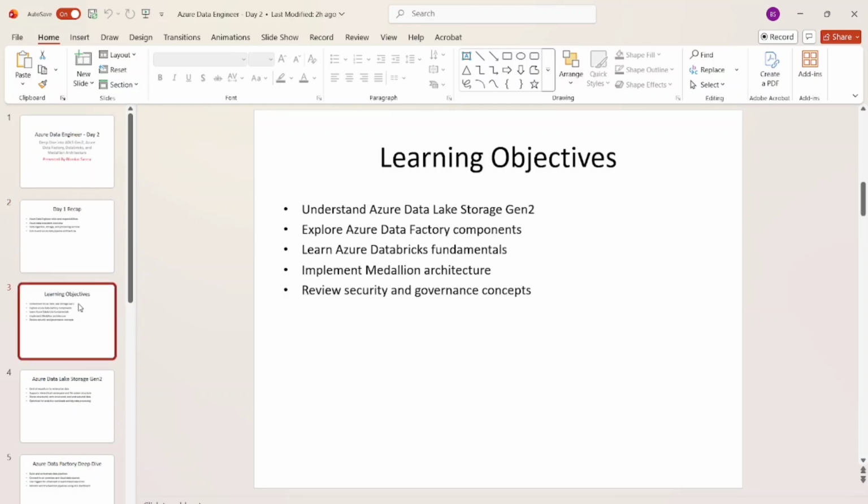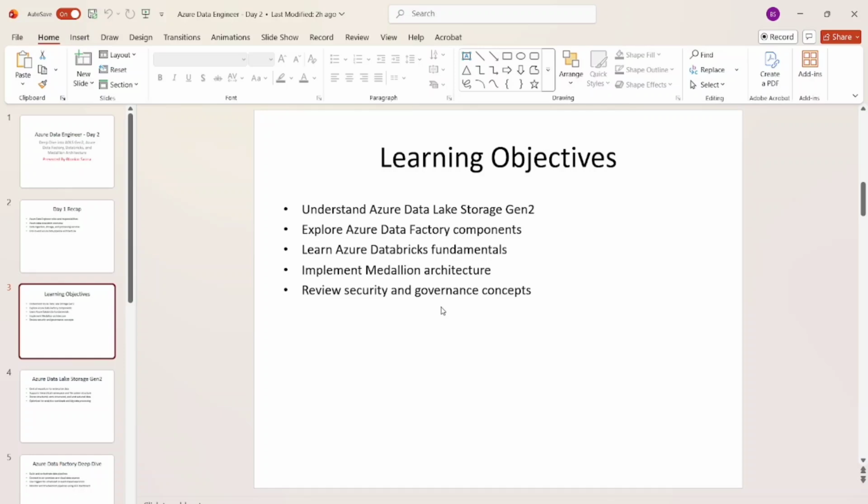Learning objectives. Understand Azure Data Lake Storage Gen2, explore Azure Data Factory components, learn Azure Databricks fundamentals, implement Medallion architecture, review security and governance concepts. Today's session focuses on four key areas. First, we will understand Azure Data Lake Storage Gen2 and why it is the preferred storage solution for analytics workloads.